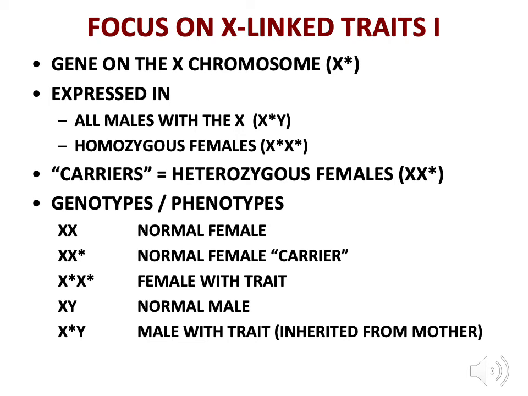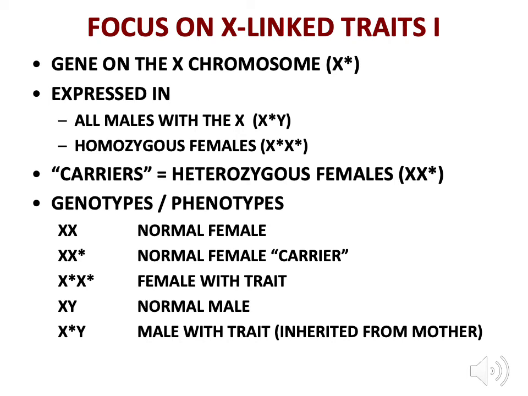So if we're taking a look at a cross-section of the human population, we've got normal females, that is, females who have the genotype XX, no sex-linked traits at all. We have a normal female carrier, who is phenotypically normal but has the trait on one of her X chromosomes.